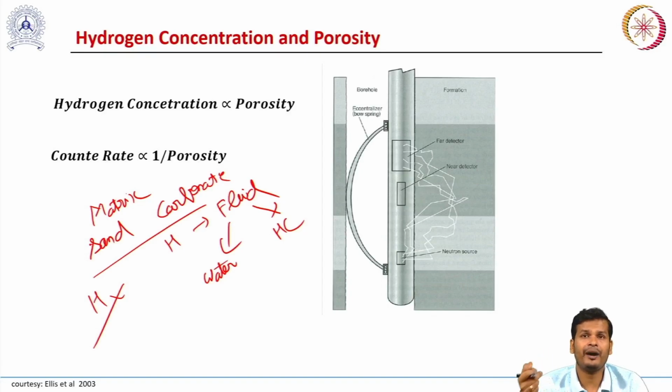Since the fluid is stored in the porosity of the formation, if we have high porosity, that means we have more fluid, and that means we have more hydrogen concentration, or hydrogen index. We have already discussed that count rate is inversely proportional to hydrogen concentration.